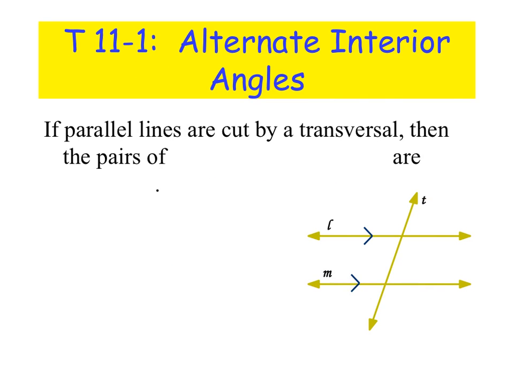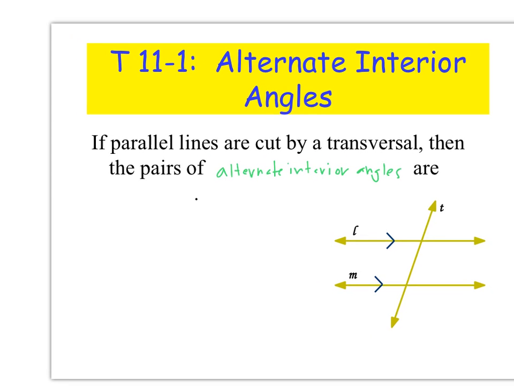All right, our next is alternate interior angles. Again, similar to what was talked about in 11.1, but now when they are cut by a transversal and the lines are parallel, then the pairs of alternate interior angles are, in this case, congruent.